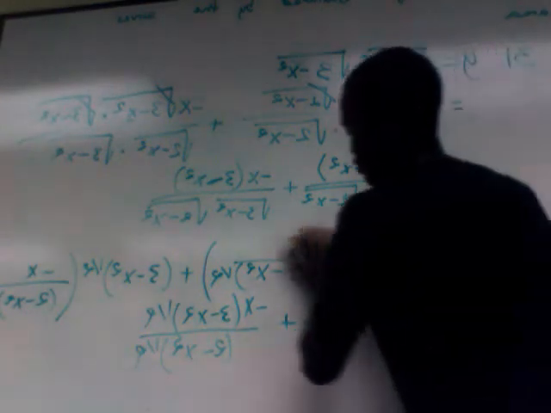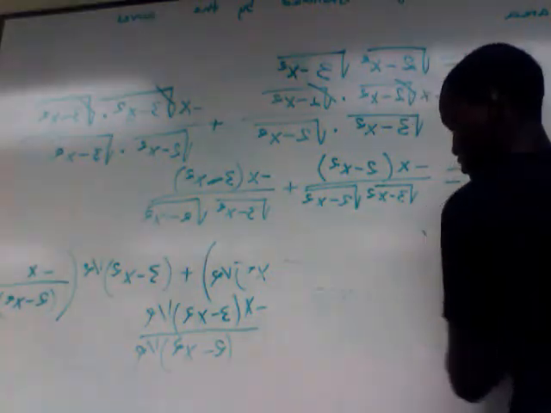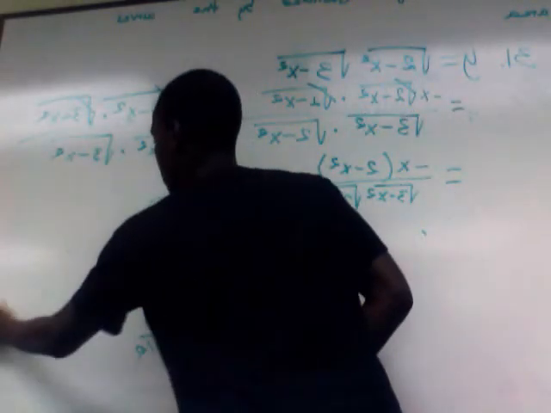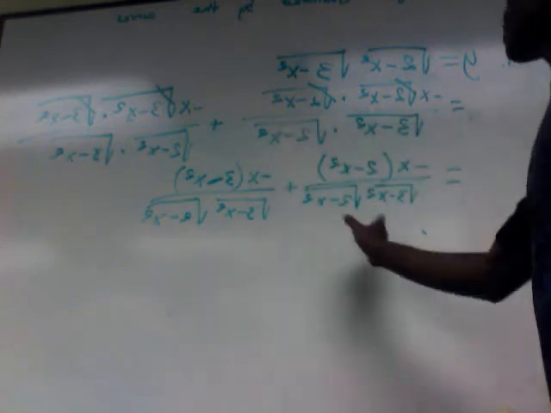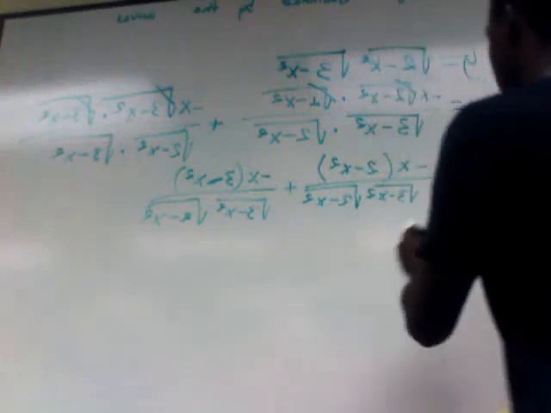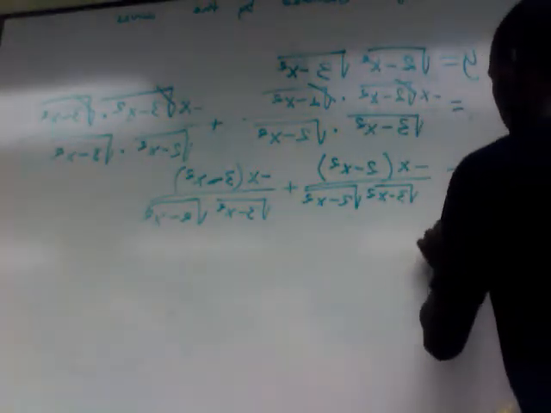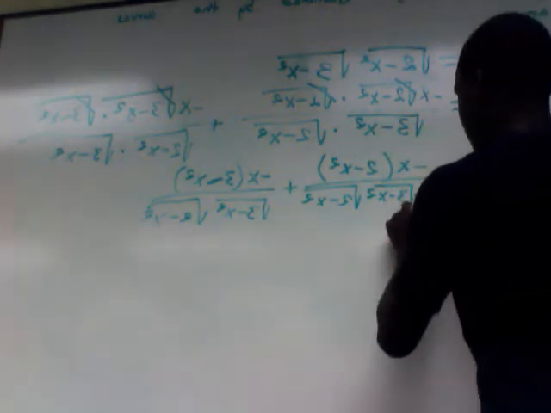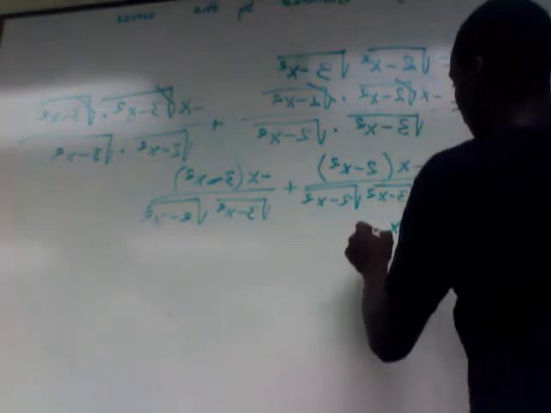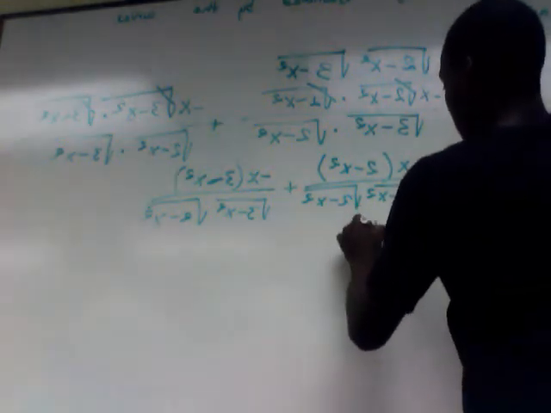Erase this to make some more space. Alright. So what we can do here is distribute the x's and then add both sides since we have the same denominator. So when we distribute the negative x's on both expressions, what we get is negative 2x plus.